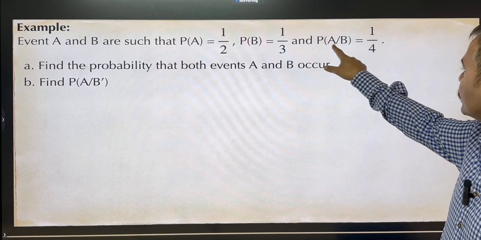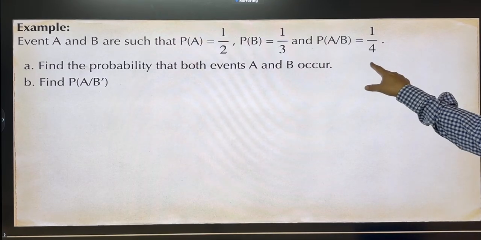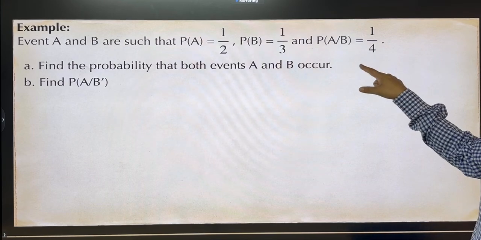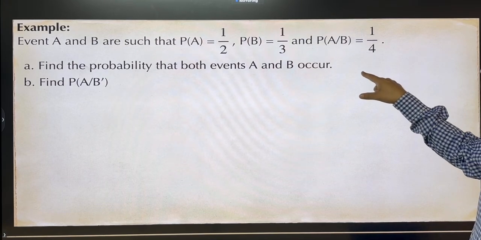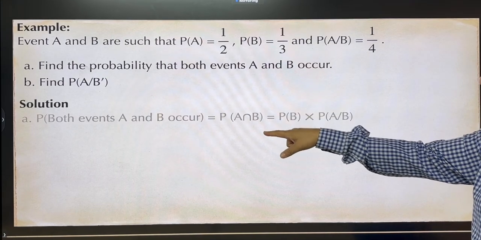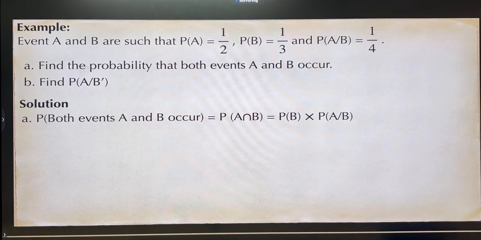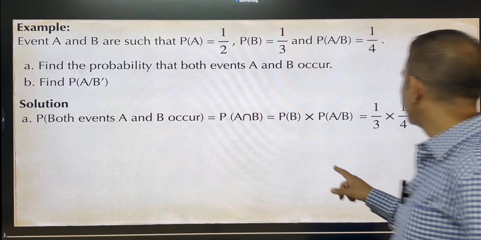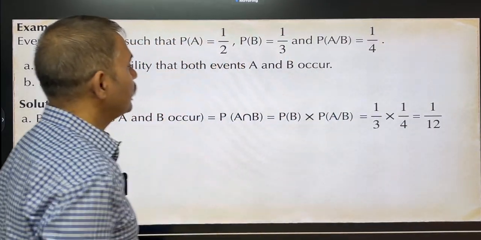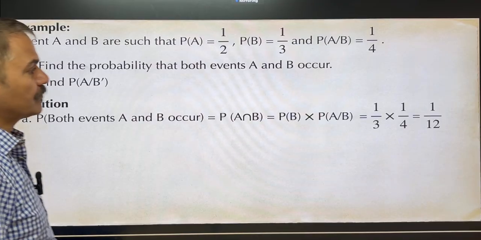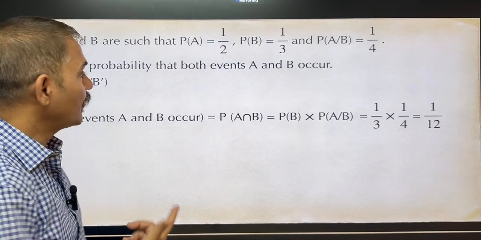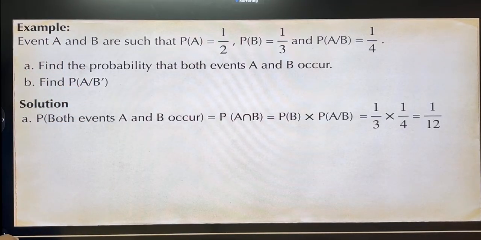We will start using this. A given B is A intersection B divided by probability of B. So when you use this formula, you get A intersection B means P(B) times P(A given B), and when you put in these values, 1 upon 4 times 1 upon 3 is 1 upon 12. So A intersection B is 1 upon 12.